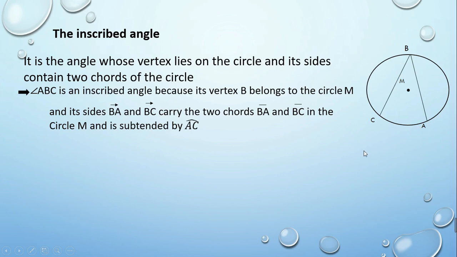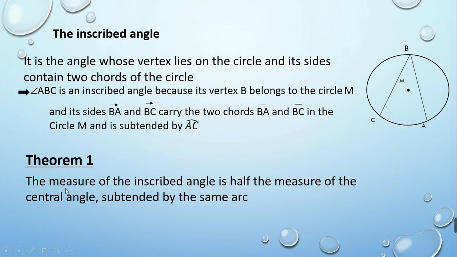Okay, our lesson today is studying the relation between the inscribed angle and the central angle which subtend the same arc. Theorem 1: the measure of the inscribed angle is half the measure of the central angle subtended by the same arc.